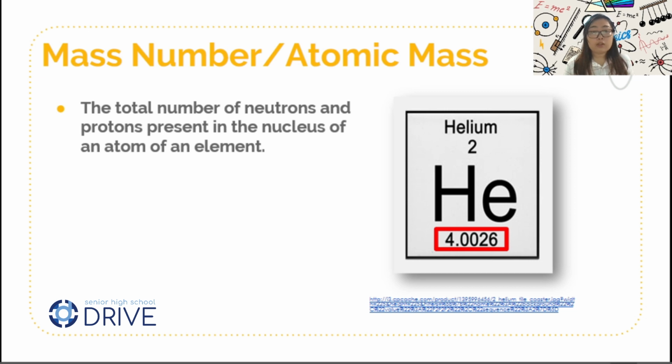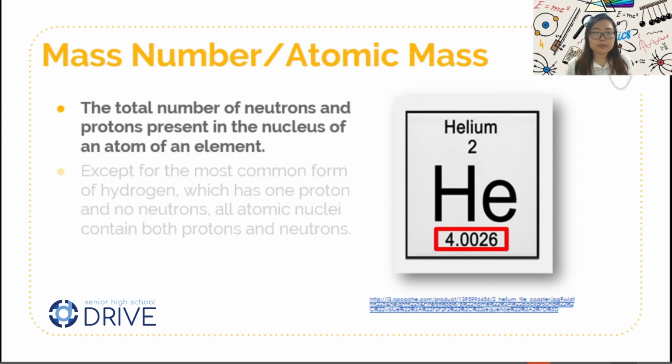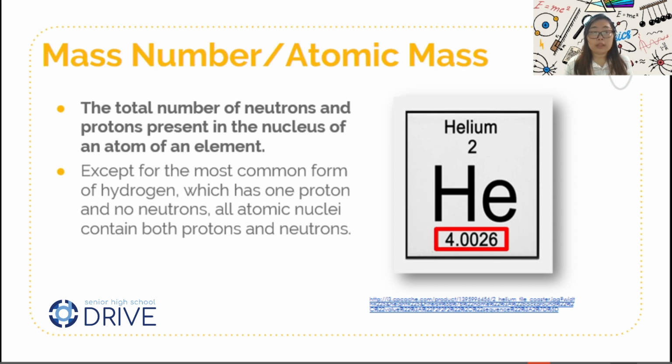So it is safe to say that the mass number of helium is 4. Okay? With an exemption of hydrogen. Hydrogen has only 1 proton and no neutrons. Okay? Except for hydrogen, all atomic nuclei contain both protons and neutrons.